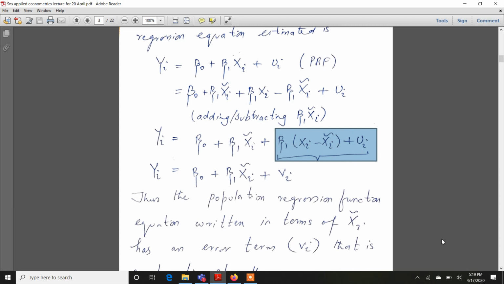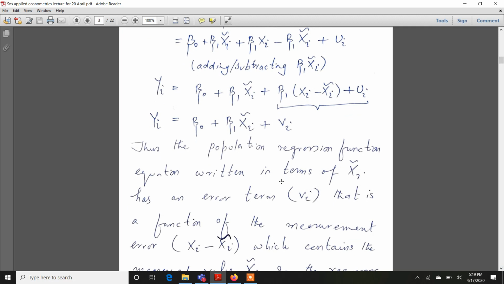So the population regression equation written in terms of xi tilde has an error term vi. Now what is this vi? It is a function of that measurement error. See, this vi contains xi minus xi tilde. So this error vi is a function of the measurement error, which we defined as the difference between the actual x and the reported x.